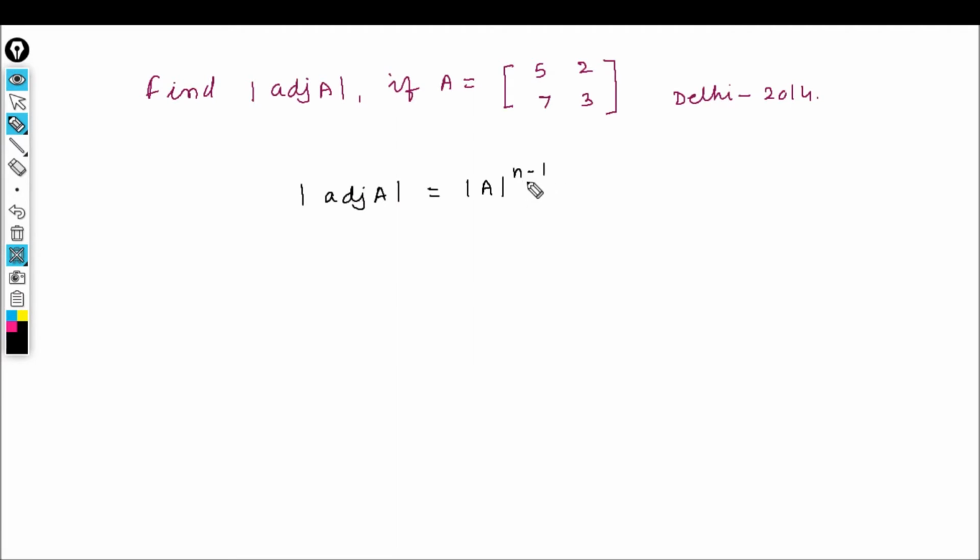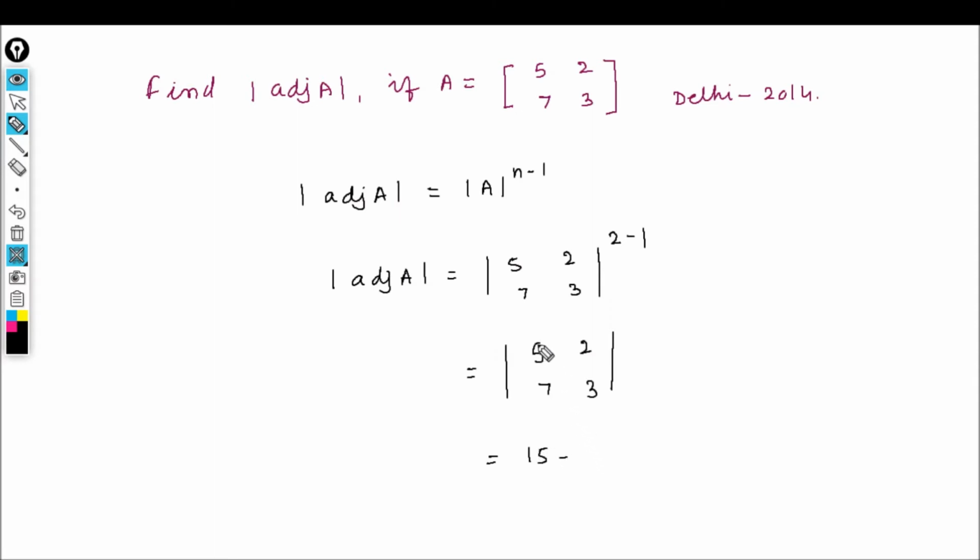Here what is n? n is the order of matrix A. So A is the matrix [[5, 2], [7, 3]]. The order of this matrix is 2, so n minus 1 is 1. So this is equal to the determinant of [[5, 2], [7, 3]]. So this is equal to 15 minus 14, that is equal to 1.